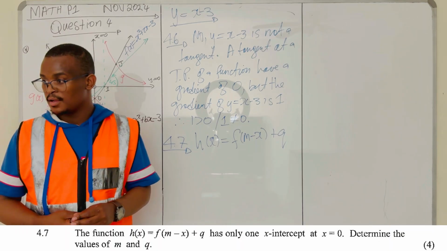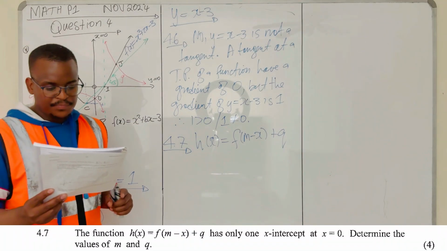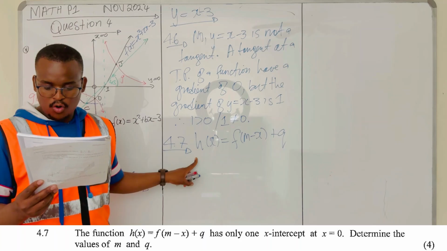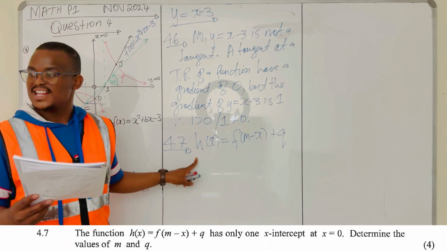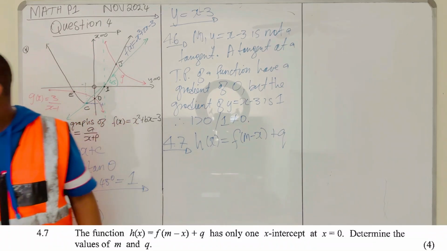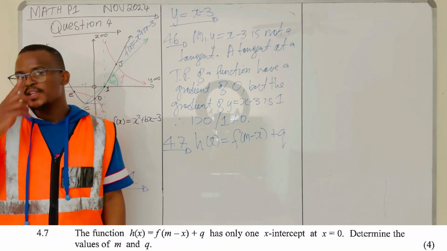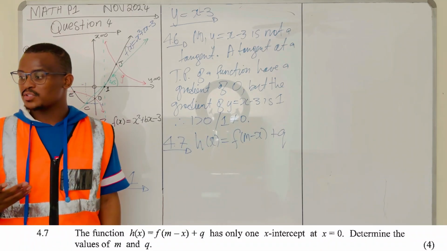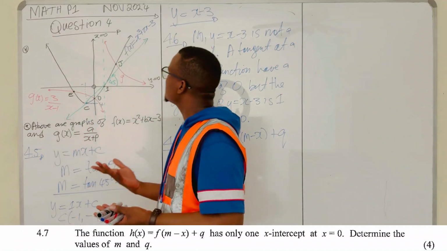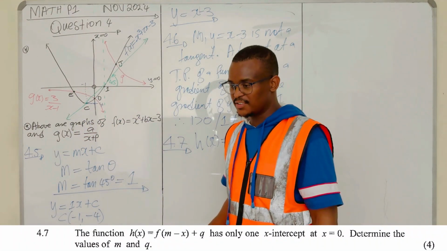So what they told us, which is very important, is that this function h has only one x-intercept, where x is equal to 0. If it has one x-intercept at x equal to 0, then your function is a quadratic function, right?